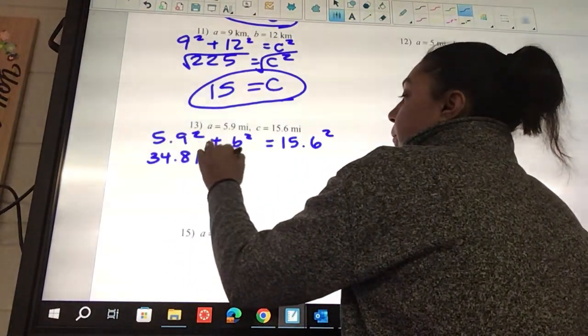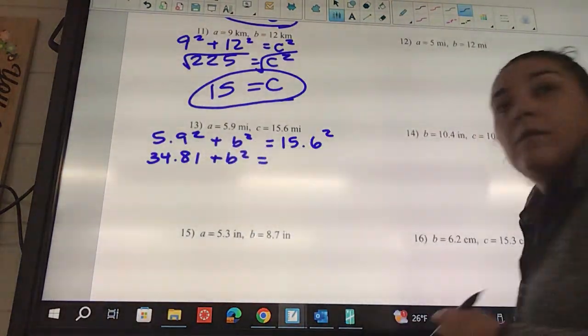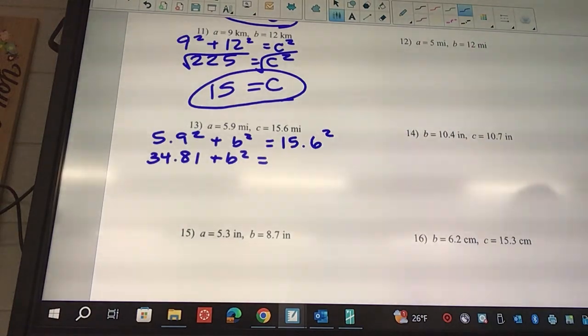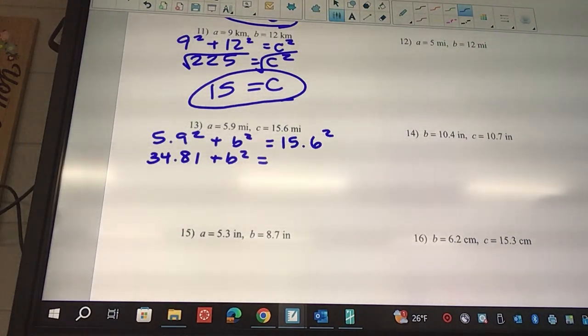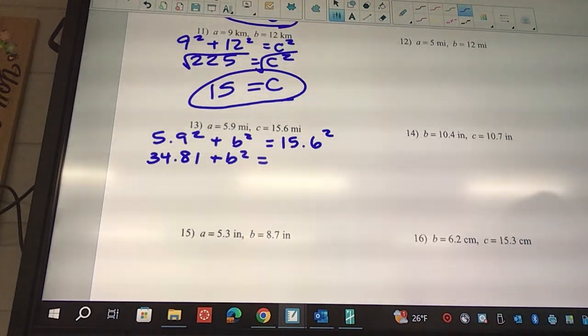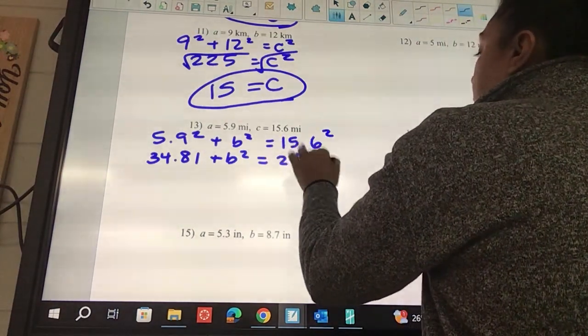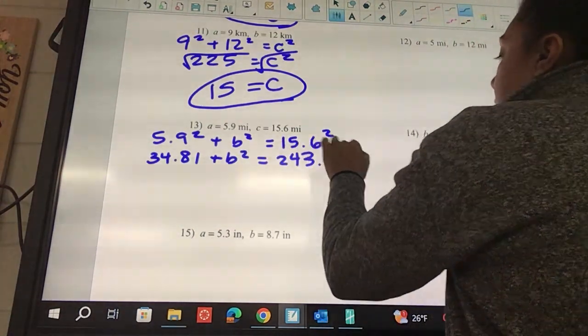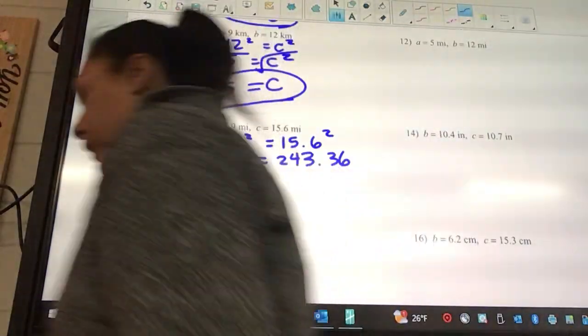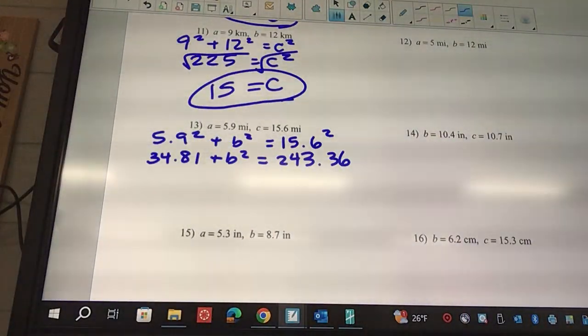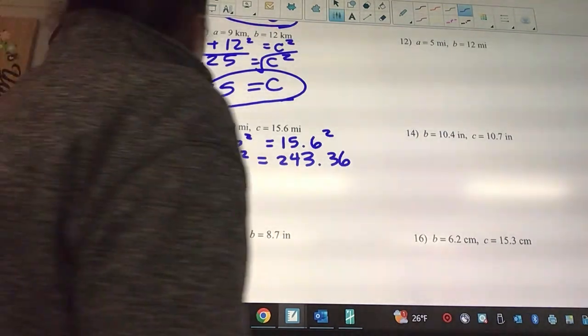Somebody agree? Okay, 15.6 squared. 243.36? Okay. And then what needs done? Minus 34.81? Okay.